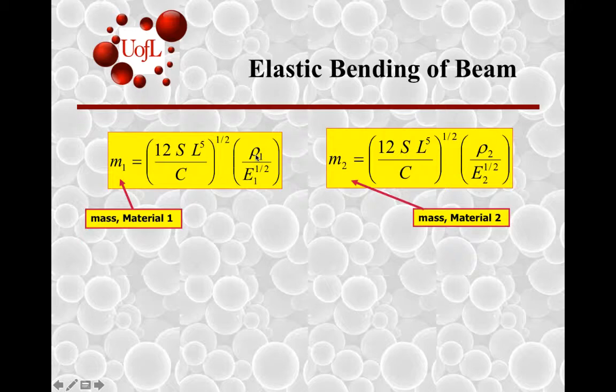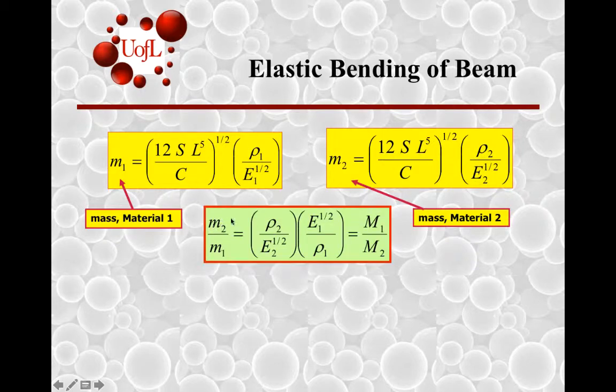Let's say its density is ρ1 and its modulus is E1. Let's, in contrast, look for the overall mass when another material is chosen with a density ρ2 and a modulus E2. So what is the mass of a beam made of the second material relative to the mass of the beam made by the first material for the same geometric and functional parameters?